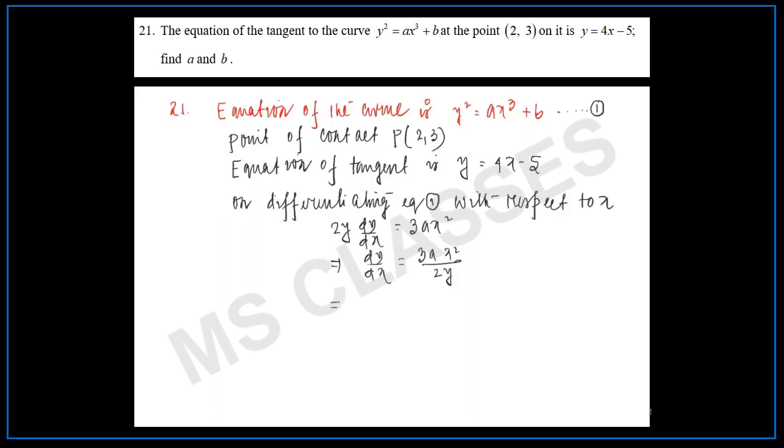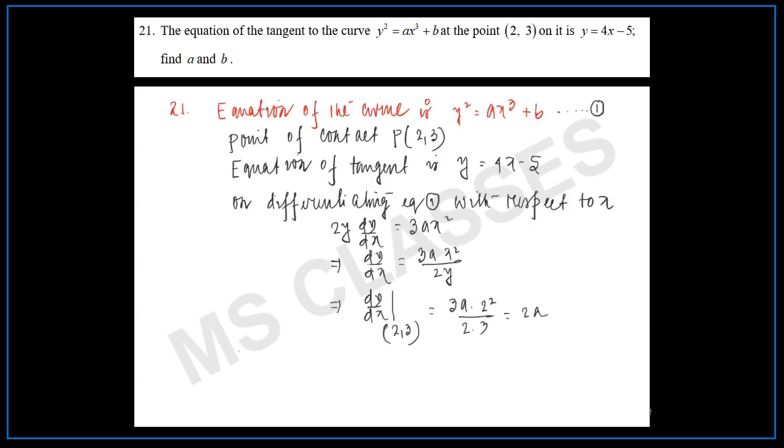Now from this we get dy/dx at 2, 3 equal to 3a into 4 by 2 into 3. So this gives us 2a as a slope.